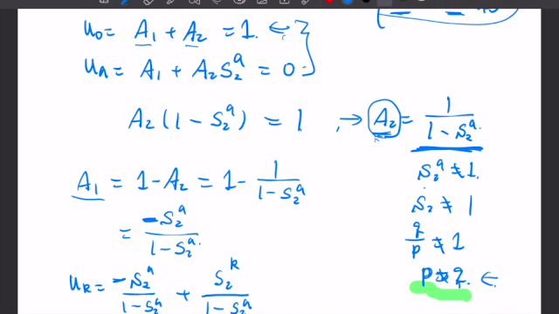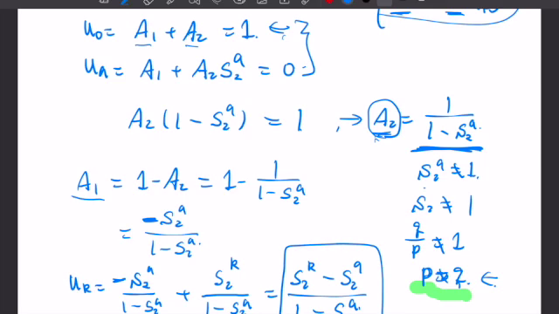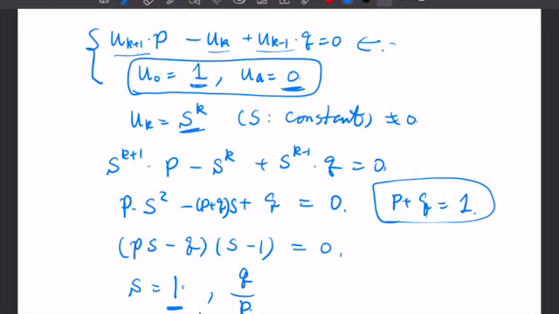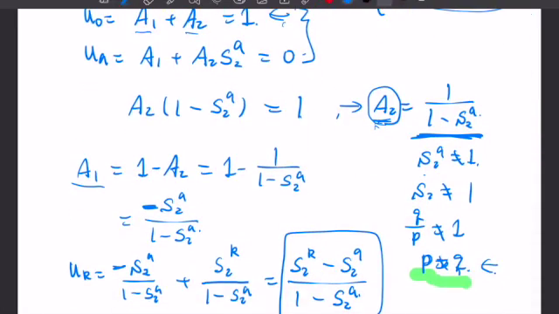So this is s2 to the power of k minus s2 to the power of a over 1 minus s2 to the power of a. So this is the general solution of this difference equation when p is not equal to q.